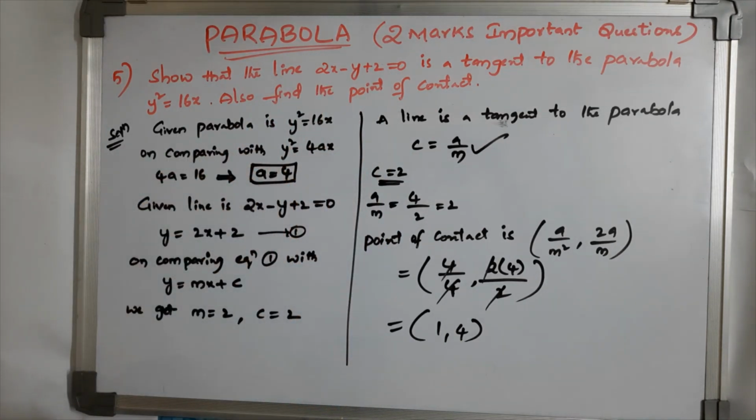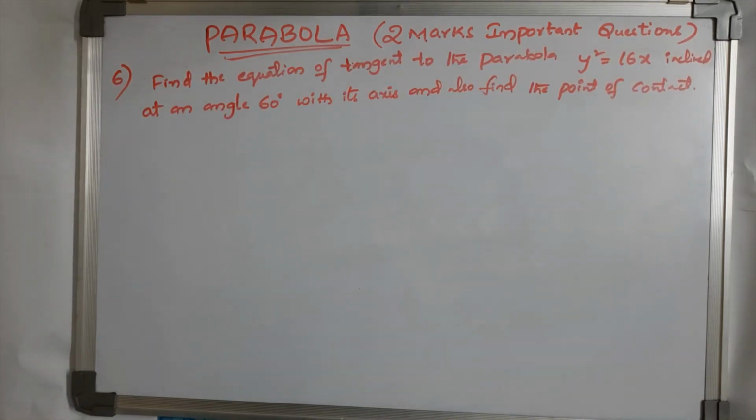Okay, now we will see another question. If you see the sixth question, the question is: find the equation of tangent to the parabola y square is equal to 16x inclined at an angle 60 degrees with its axis, and also find the point of contact.